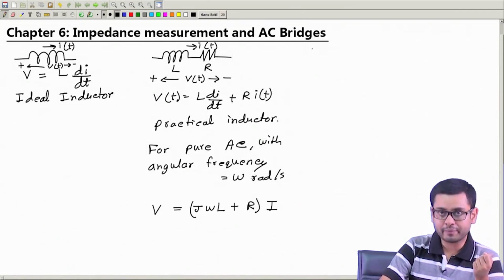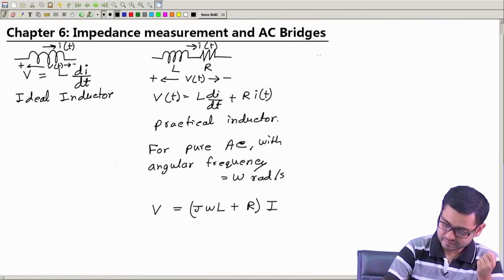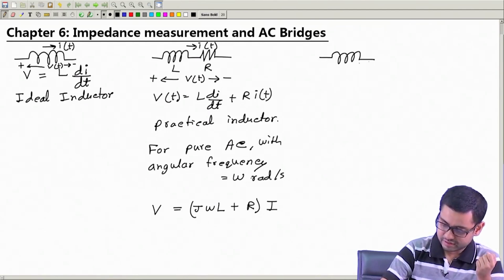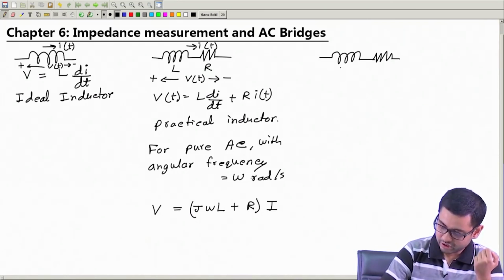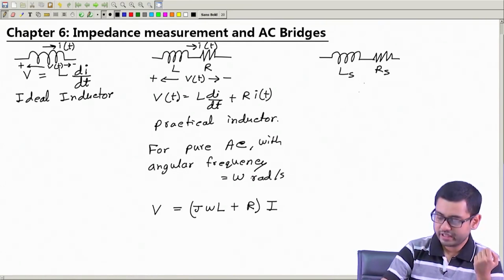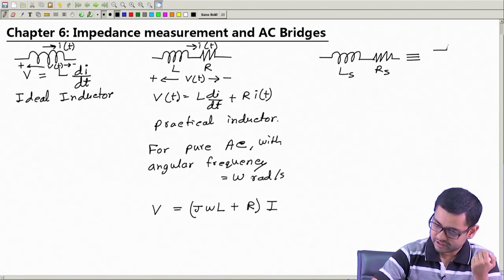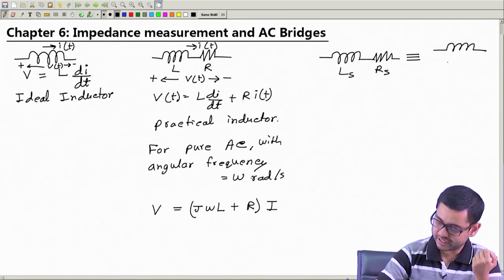But now what I am going to show you is that this inductor, pure inductor in series with a pure resistance, call this LS and RS, S stands for series because these two are in series, is always equivalent to another circuit where we have this inductor in parallel with a resistance.